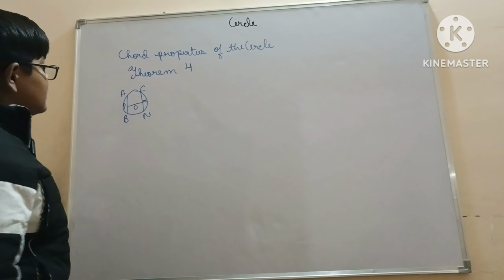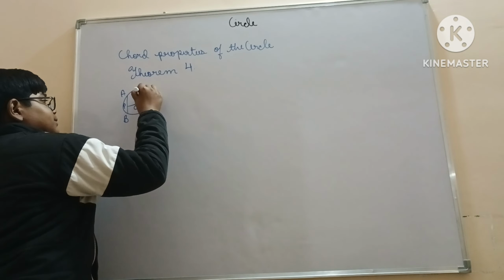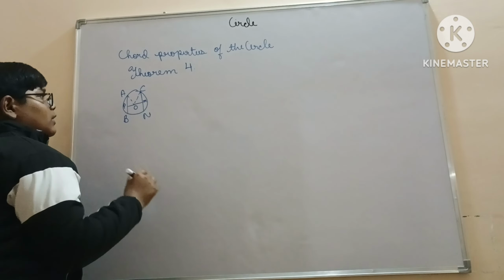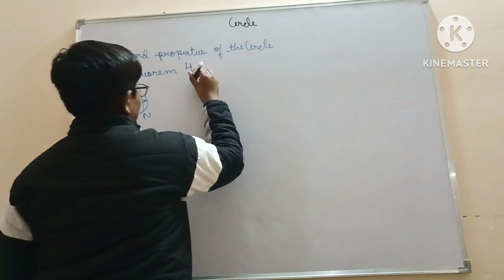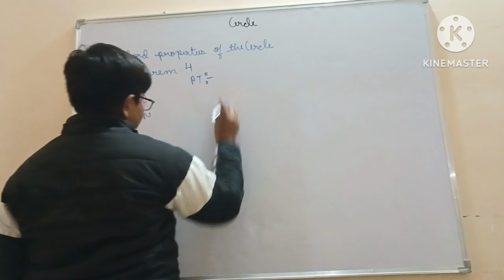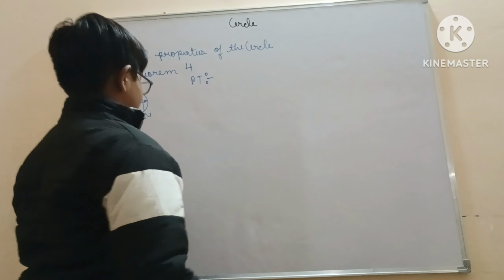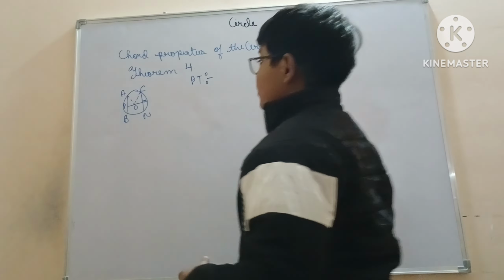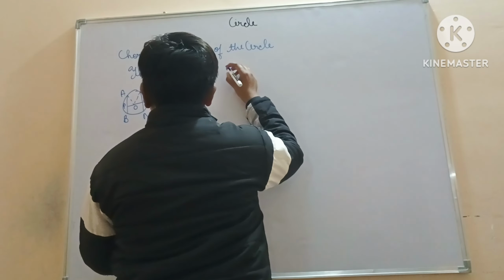So we can say that by proving the triangles. Now we have to prove that the chords which are equidistant from the center of the circle are equal.